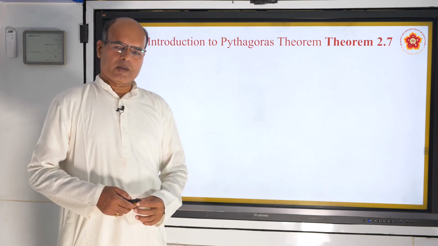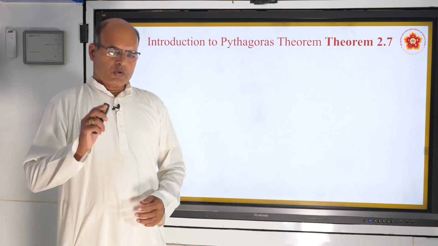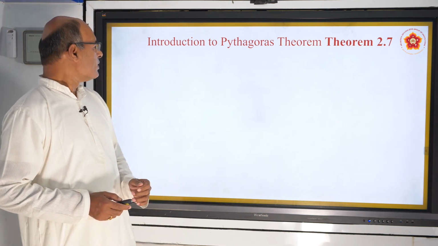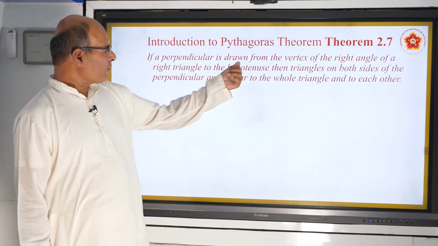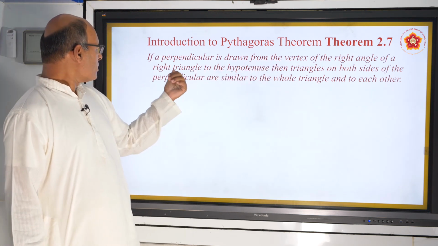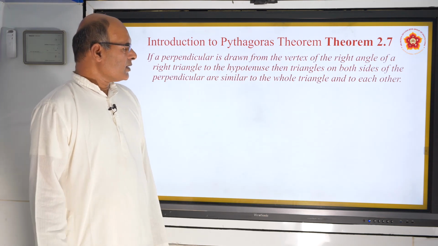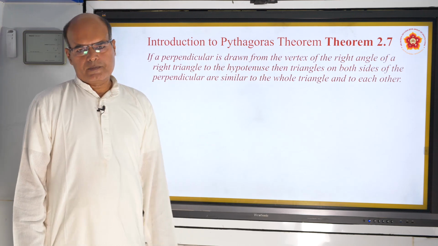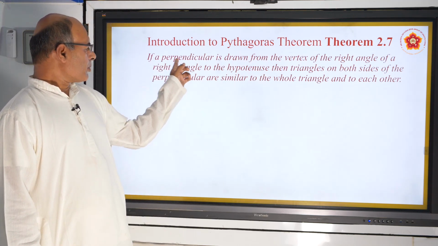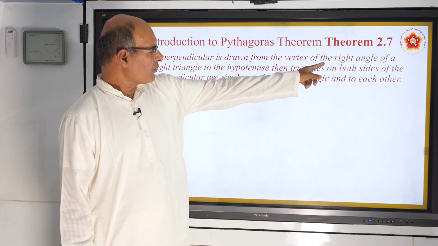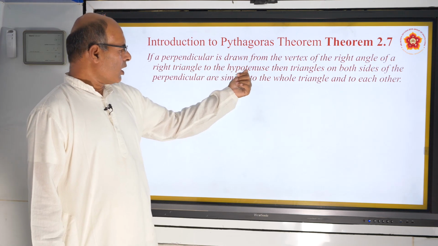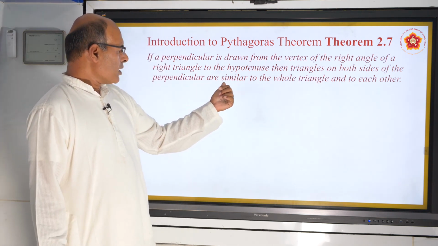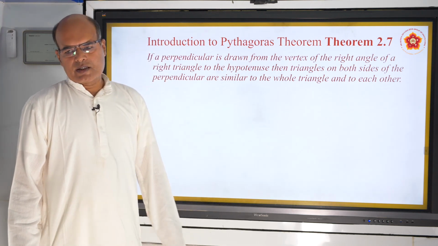So in the next video, we are going to prove the Pythagoras theorem. But to understand the proof of Pythagoras theorem, we need to understand one more theorem related to right angle triangles, which says, if a perpendicular is drawn from the vertex of the right angle of a right triangle to the hypotenuse, then the triangles on both sides of the perpendicular are similar to the whole triangle and to each other.